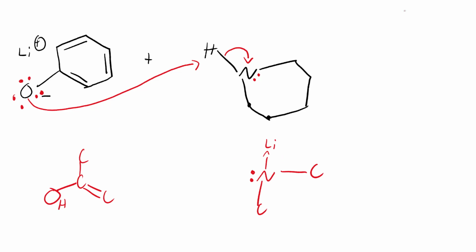Does it work? All right. Let's see here. The first thing that would break off is this hydrogen. So the hydrogen would break off, go here, and these electrons would bond to hydrogen. And typically we don't like nitrogen with 4 bonds.